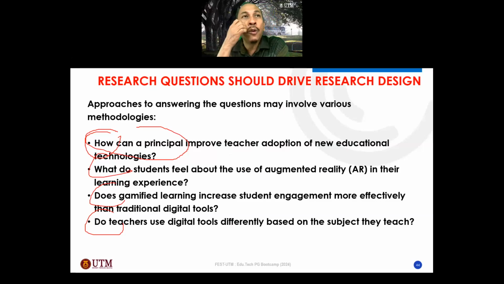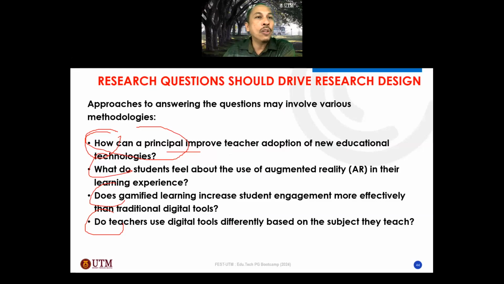So meaning that if you have a research objective or research question that focuses on how, rarely do you use quantitative or questionnaire. Because you want to know the how part, better go for interview, better go for observation, better go for open-ended. So easily you can know this is qualitative and this is maybe interview research.